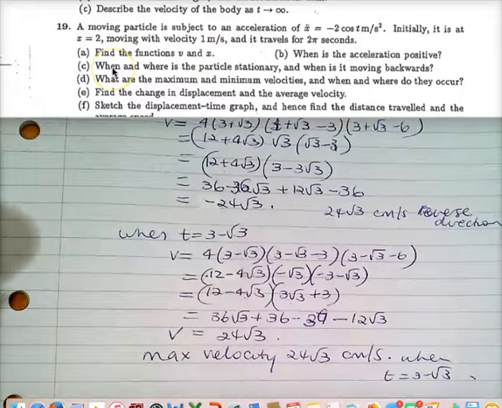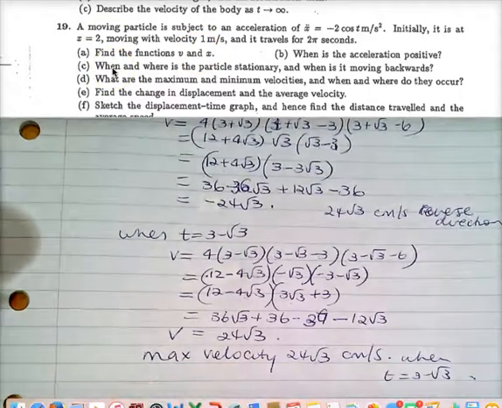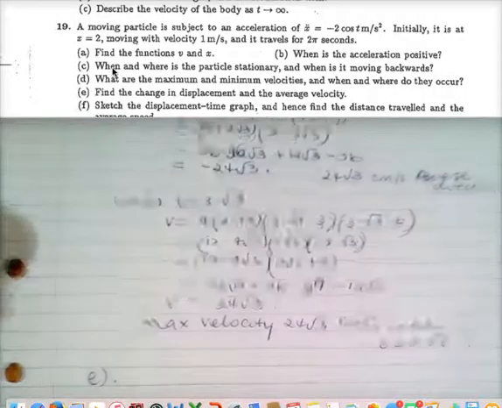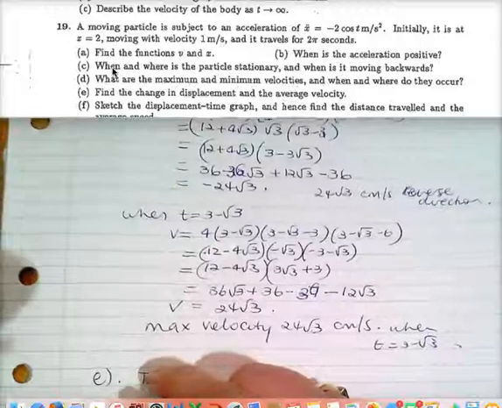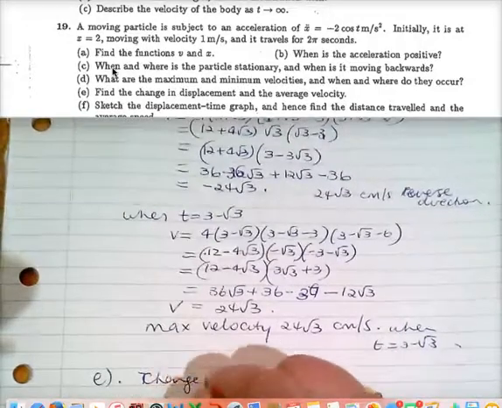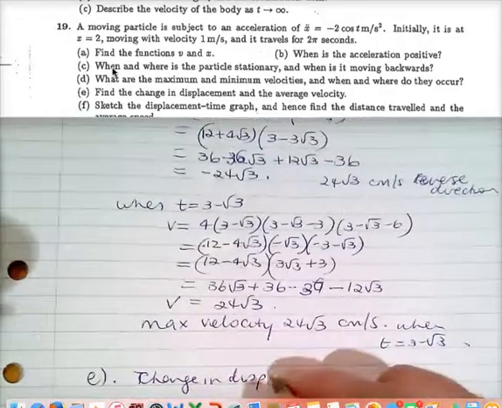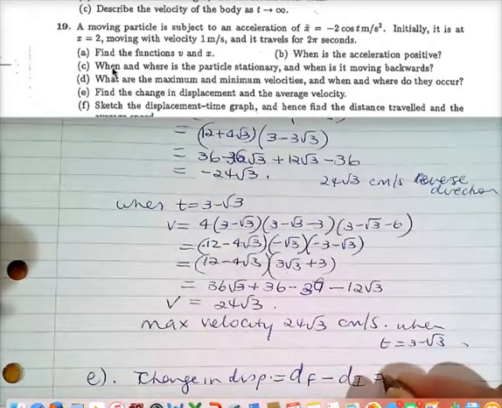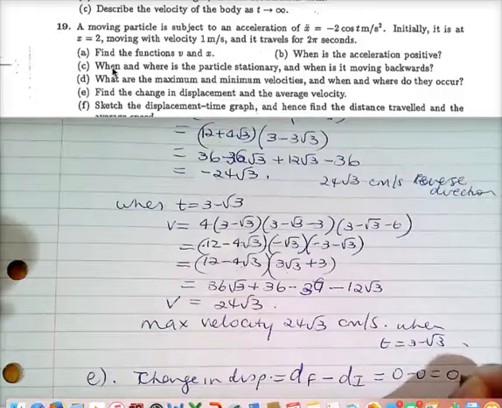Okay, for part E, the change in displacement and the average velocity. Well, the change in displacement is the final displacement minus the initial displacement, which is 0 minus 0, which is 0.